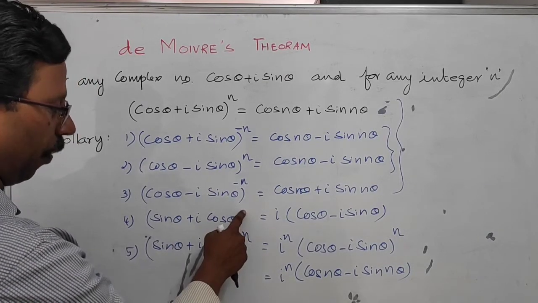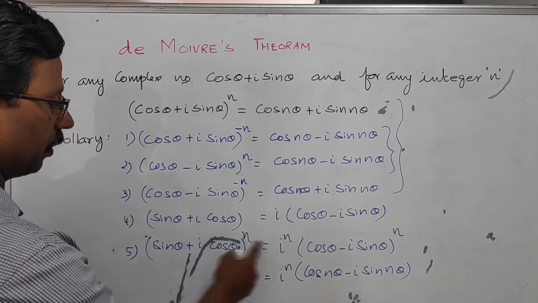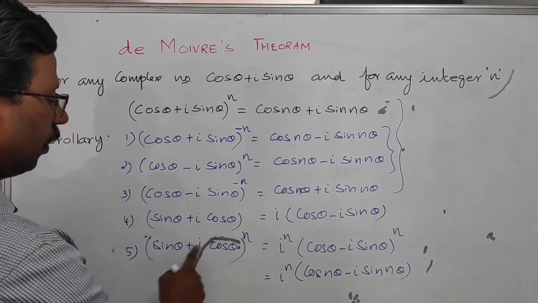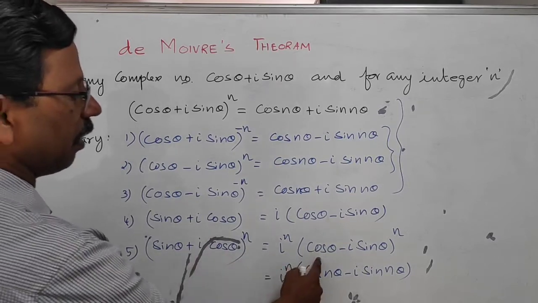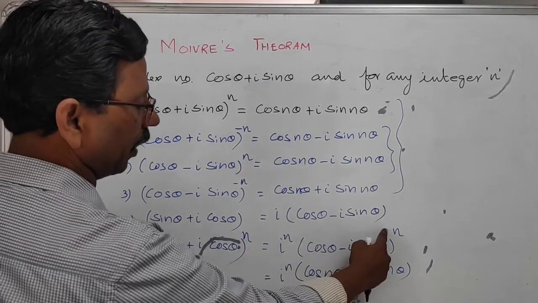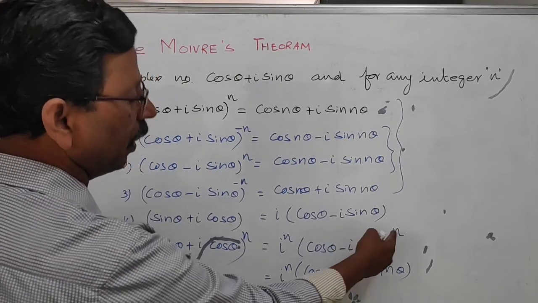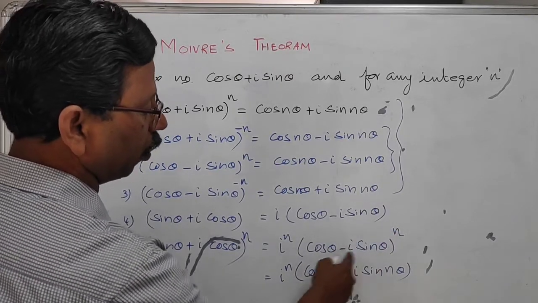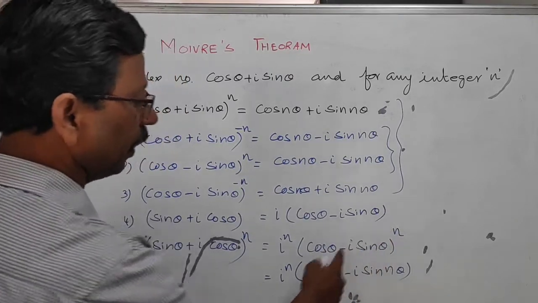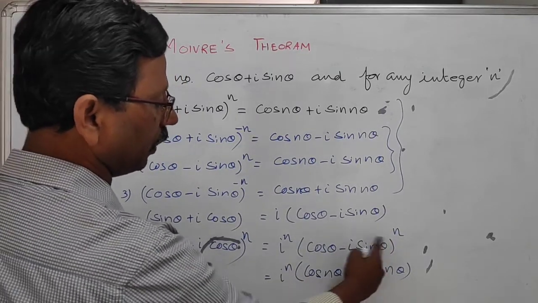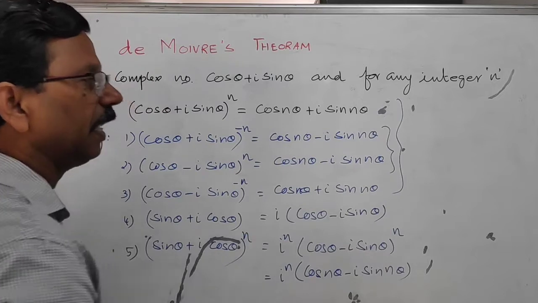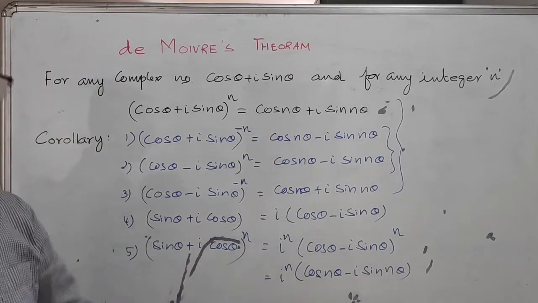You can write i power n into (cos theta minus i sin theta) whole power n. After that only you can apply De Moivre's theorem. We can multiply these two arguments by this power. That is i power n into (cos n theta minus i sin n theta). These are very important things.